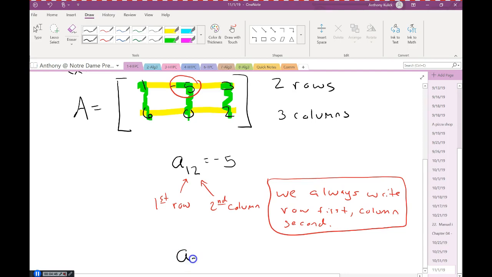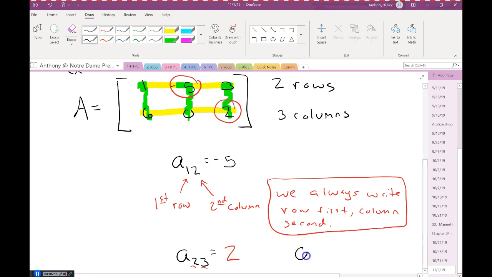So if I asked you which number is A23, what is that one going to be? That's going to be the second row and the third column, that would be the 2.